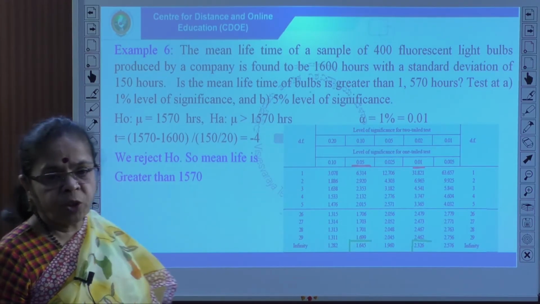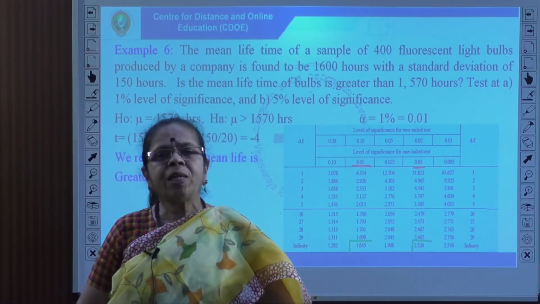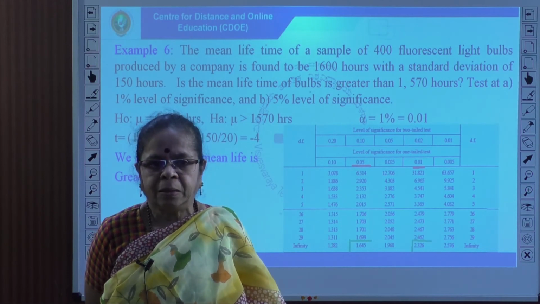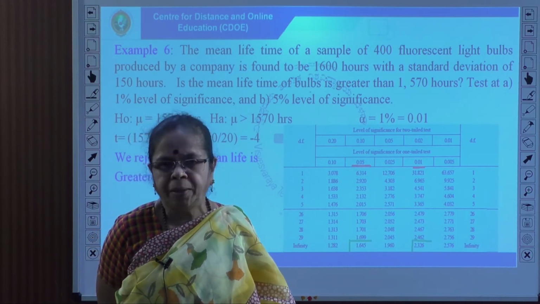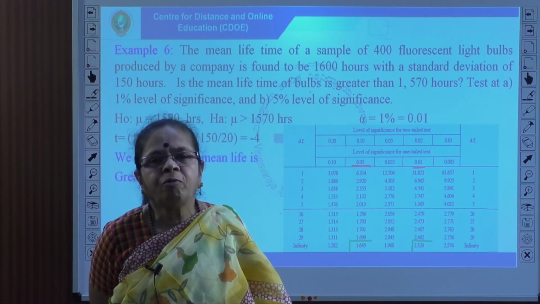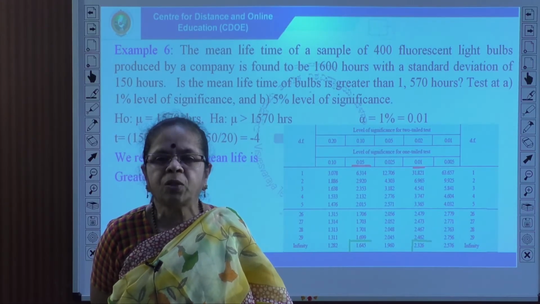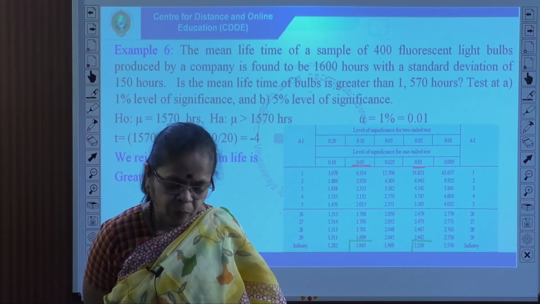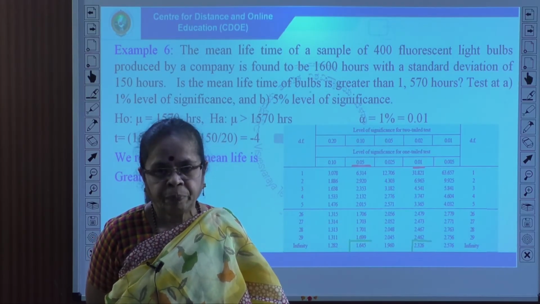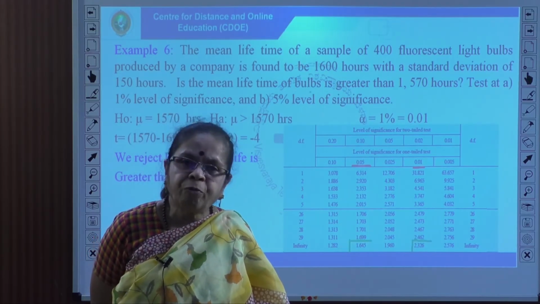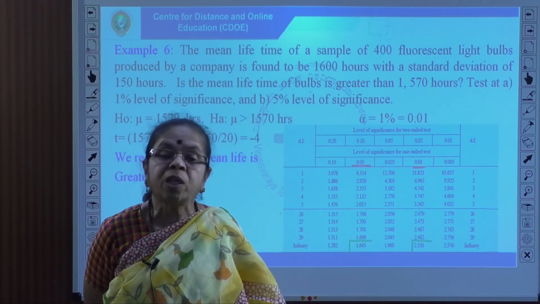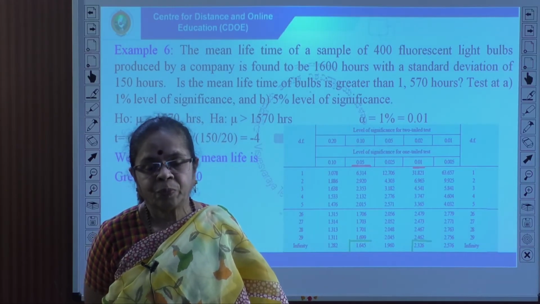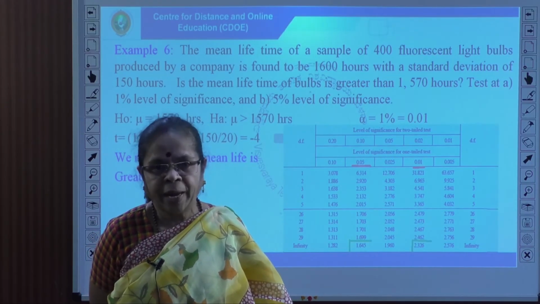So, what is the question here? The manufacturer is claiming that the mean life of the fluorescent bulb is 1570 hours. That is their claim. Now, I have sampled 400 and I found that it is 1600, greater than what they have claimed.